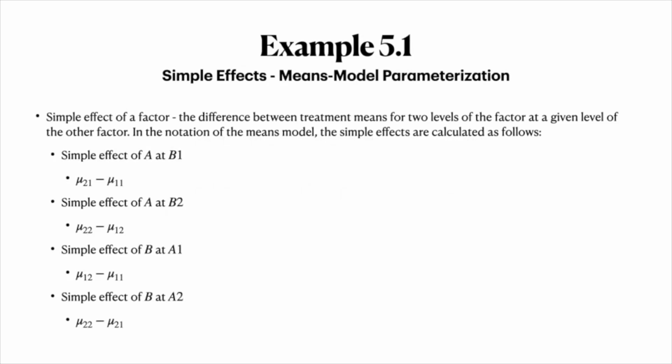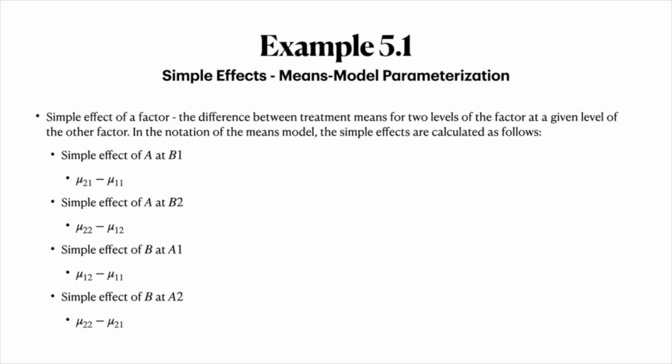So let's first calculate the simple effects. So the simple effect of a factor is the difference between treatment means for 2 levels of the factor at a given level of the other factor. Now, in the notation of the means model, the simple effects are calculated as follows and as shown on this slide.